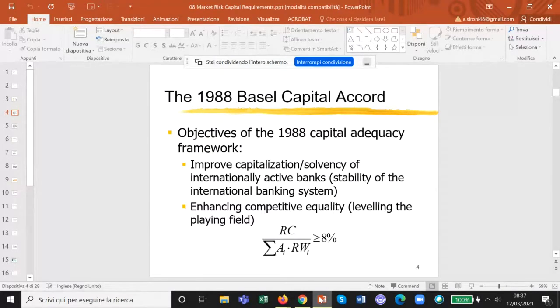Now, as I mentioned, the capital requirements for banks were first introduced back in 1988. At that time, the objectives were twofold. First, to improve the solvency of internationally active banks, because in some way simple capital ratios had been declining over time for quite some time, for quite some decades, I would say.